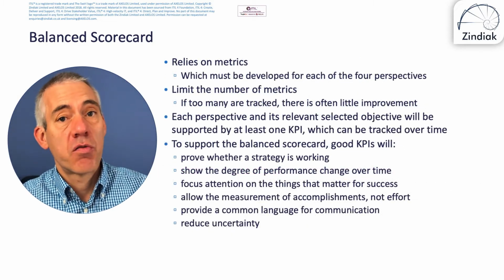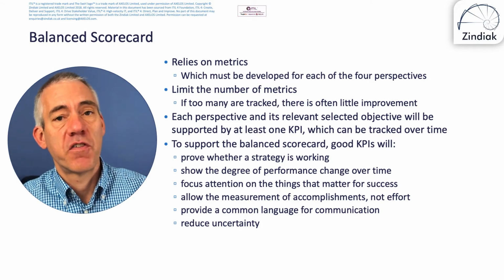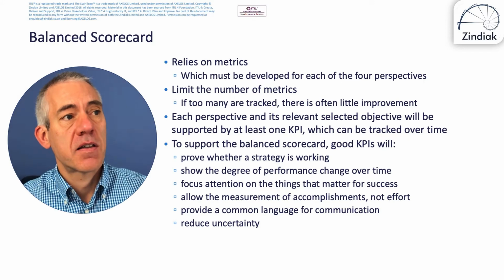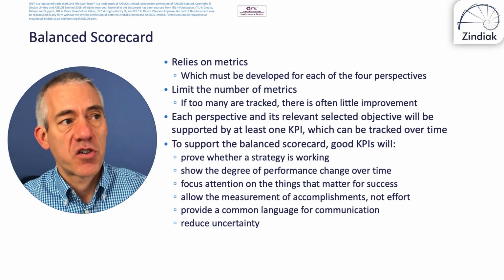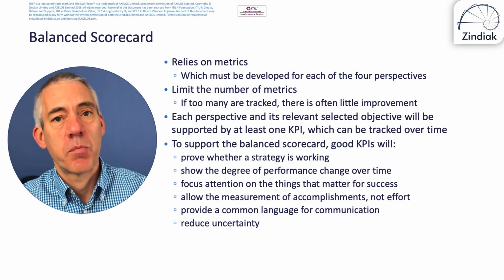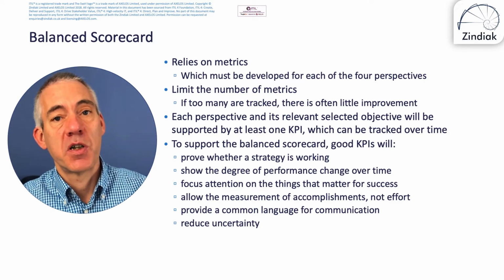The balanced scorecard relies on metrics, so again, we must develop them for each of the 4 perspectives we've talked about. Limit the number, as we've said before, don't try and measure too many. So if you track too many, there may be little room for improvement. So try and pick a few, maybe 1 or 2 for each perspective.